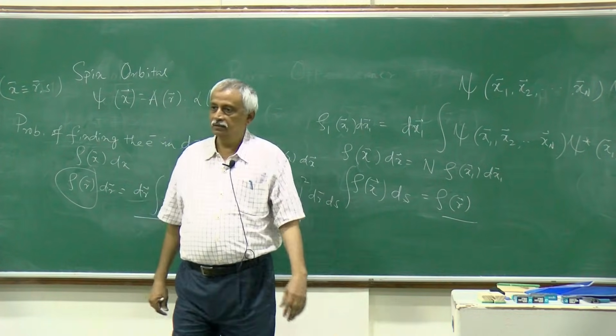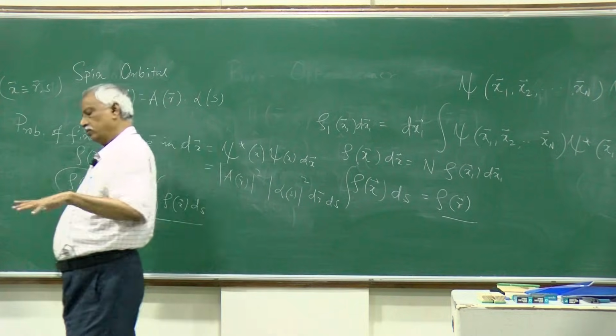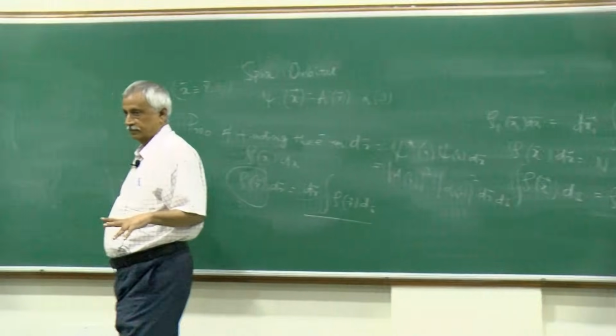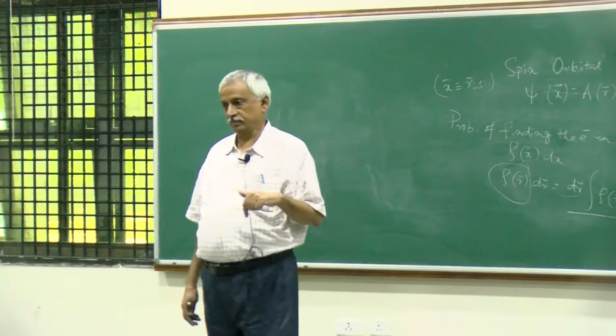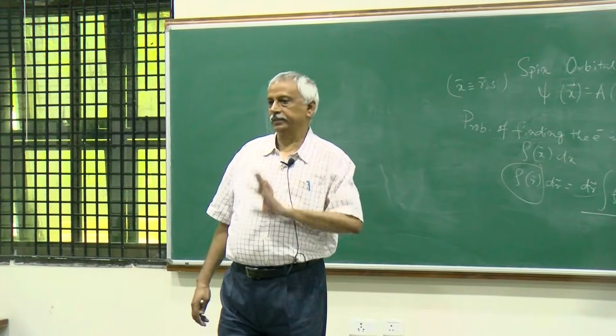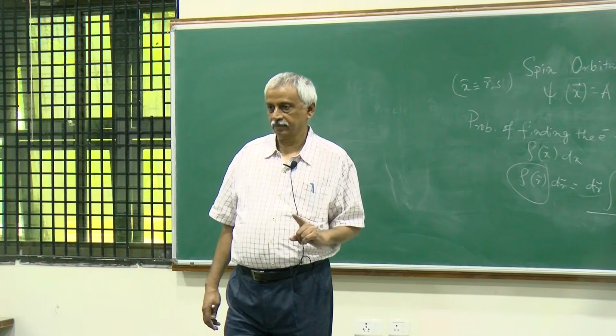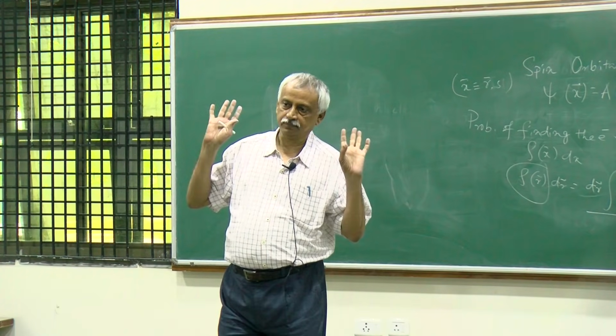Okay. So now what we are trying to do, we want to find out the probability of any electron in dr, any one of the electrons in dr, without referring to its spin.